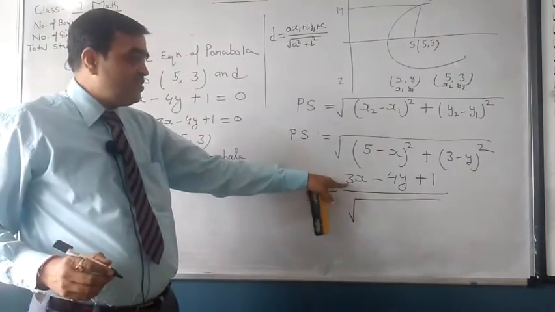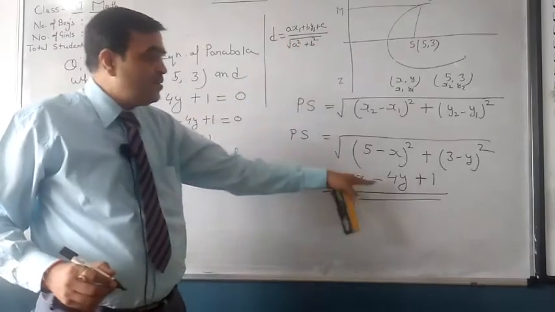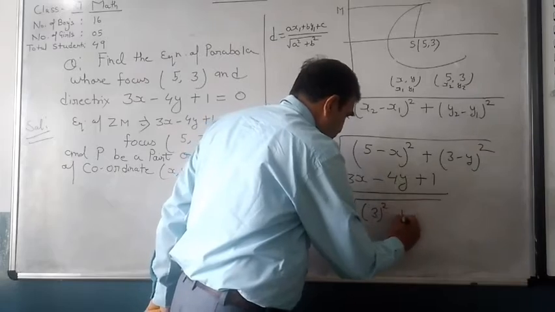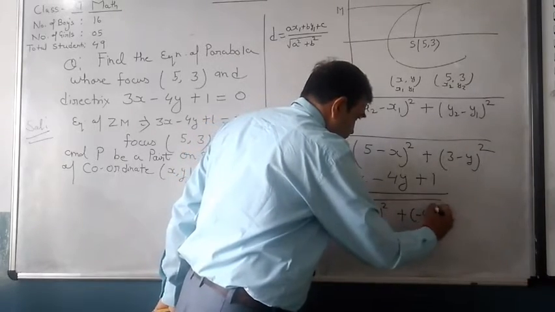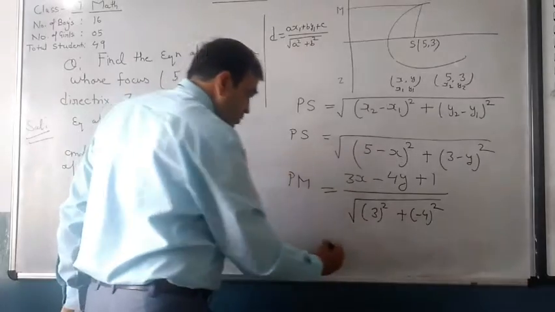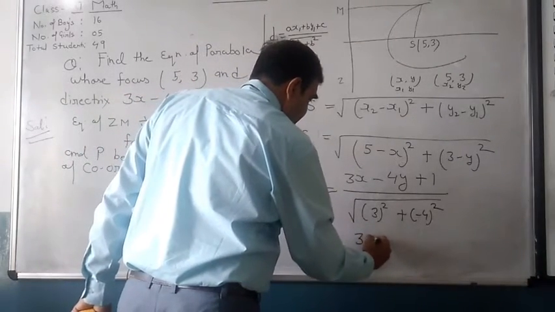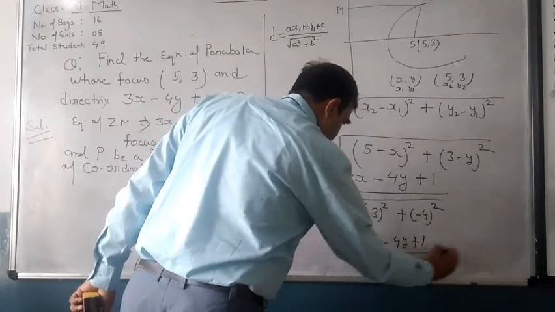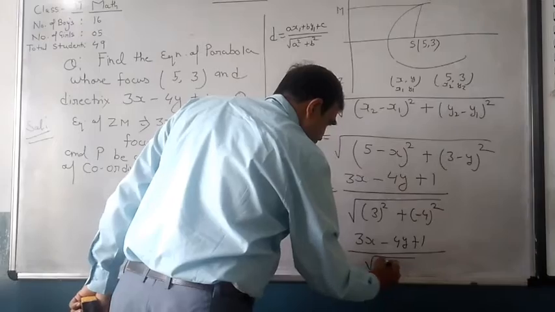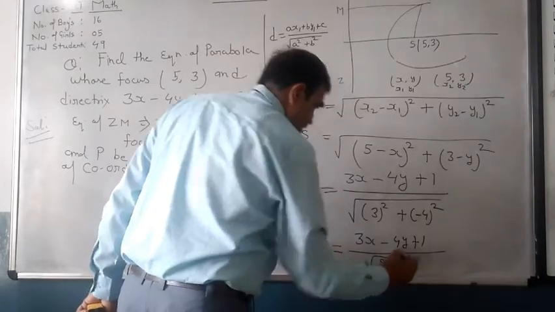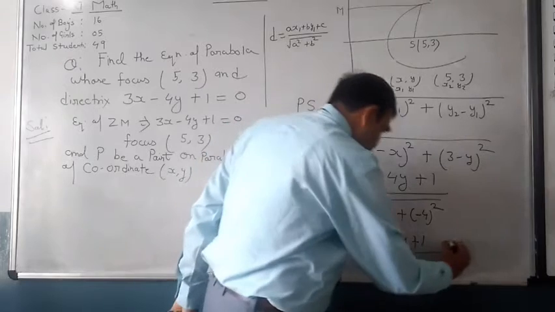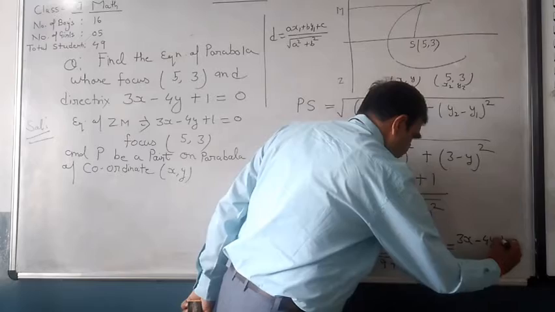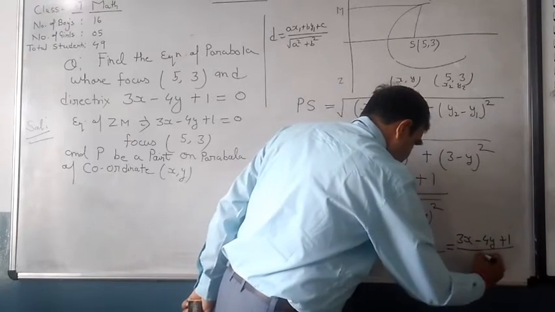Here a is 3 and b is minus 4, so 3 square plus (minus 4) square, that equals (3x minus 4y plus 1) upon under root 9 plus 16, which is (3x minus 4y plus 1) upon 5.